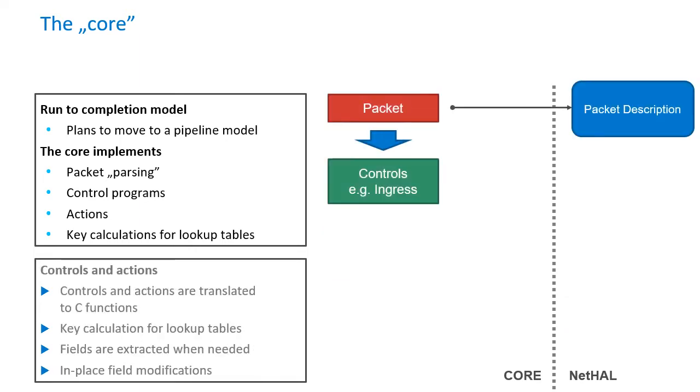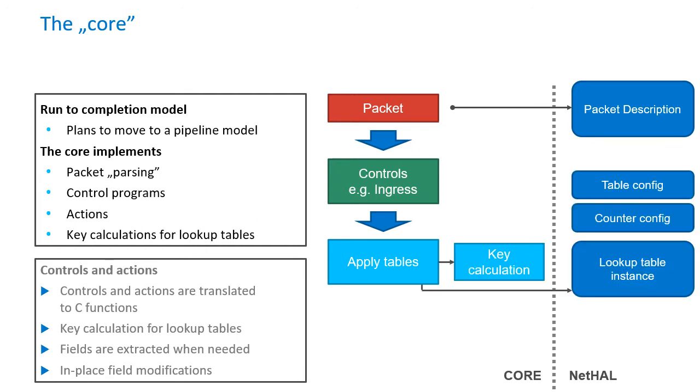Controls and actions are translated to C functions. Here you can see, when we apply a table, first we have to calculate the keys for the lookup tables. Key calculation is implemented by the core. Then the keys are applied on the given table instances.